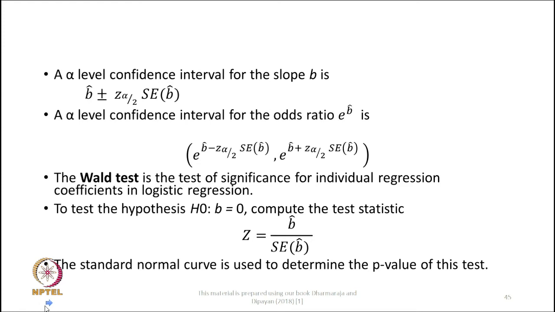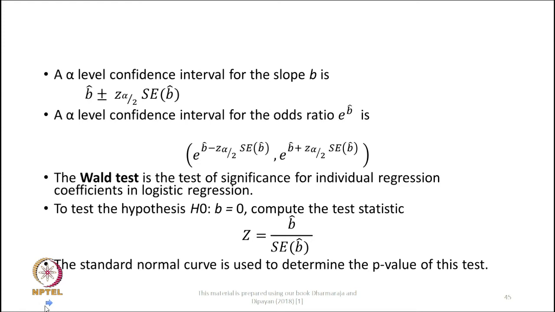Now, we can compute the confidence interval for B. With the given level of significance alpha, the confidence interval is beta cap plus or minus z alpha by 2 times the standard error of beta cap. All these notations we have already defined in lecture 1.